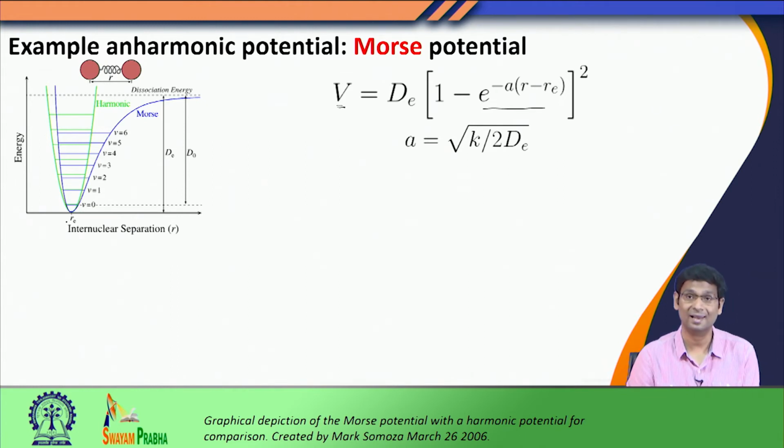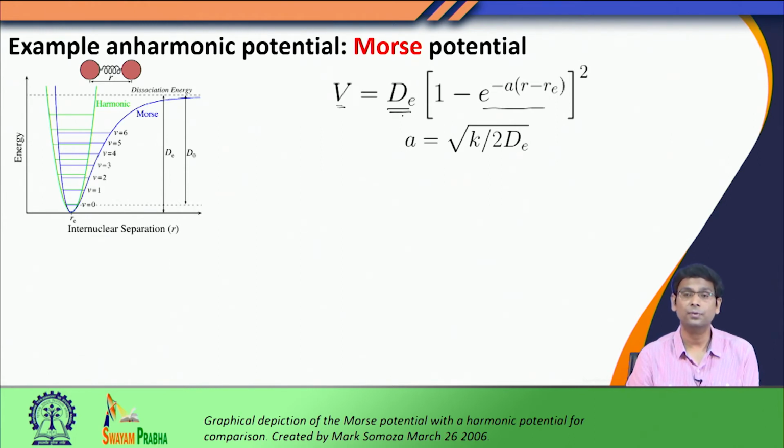Now, let us look at large separation of r. When r goes to infinity, you would see that this exponential term would become 0, because e to the power minus infinity is 0. Once that term becomes very small, I am left with V as dE. So the potential energy at very large internuclear distance is given by dE.